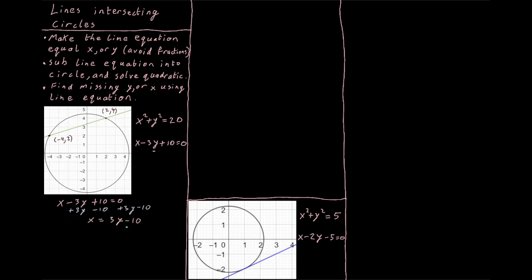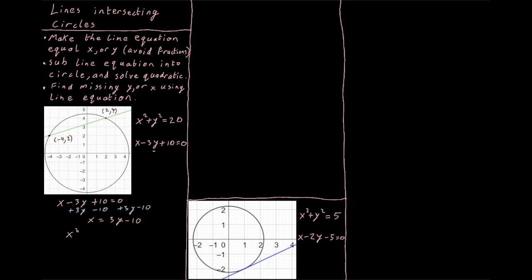Get my line equation where one of the letters is equal to everything else, and I want to do my best to avoid having fractions involved. Now I'm going to take this value for x and I'm going to sub it in to the circle equation. I'm going to do a substitution. So anywhere I have x in my circle equation, I'm going to sub in 3y minus 10.